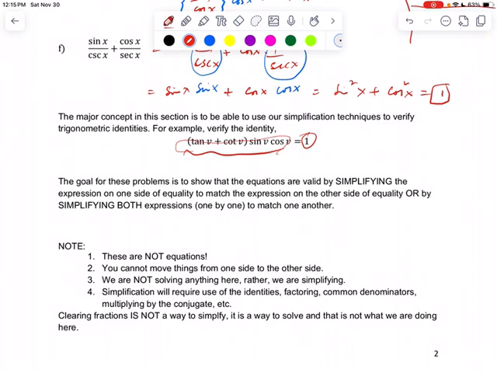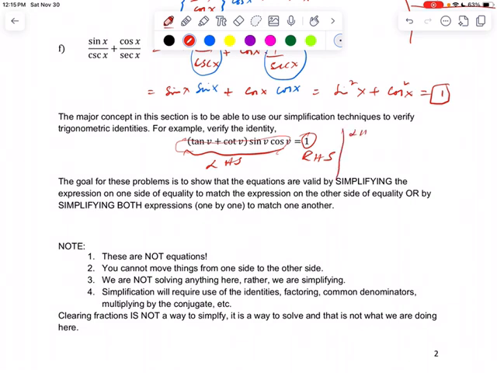I call this the left hand side and this the right hand side. Since the left hand side is more complicated, we should start with it. So always start with the complex side.